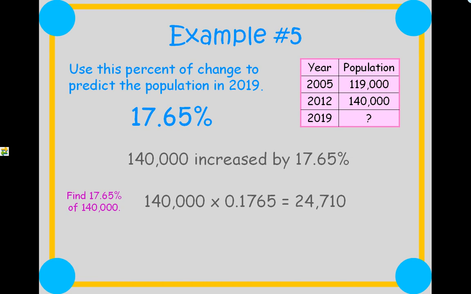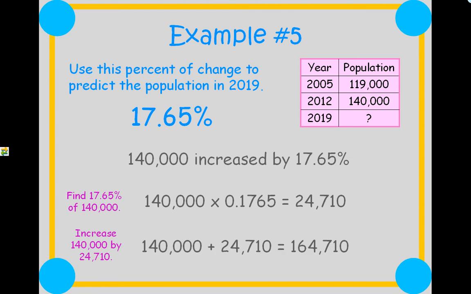When you do that, you get 24,710. So we know that the population is going to increase now by 24,710. So we're going to have to add that together. So if the trend continues, the population in 2019 will be 164,710.